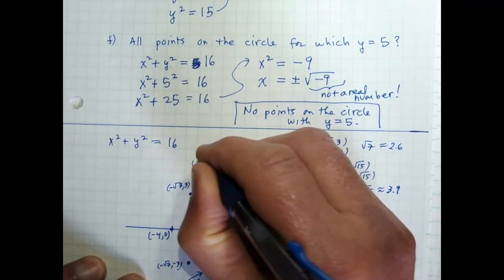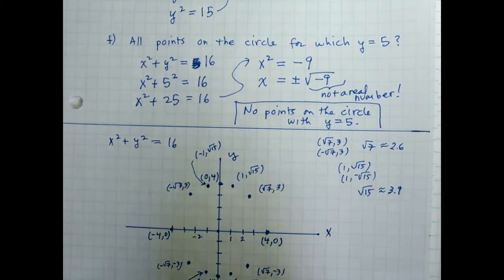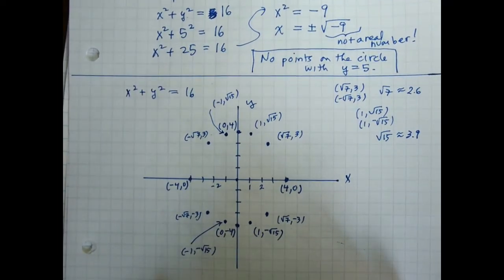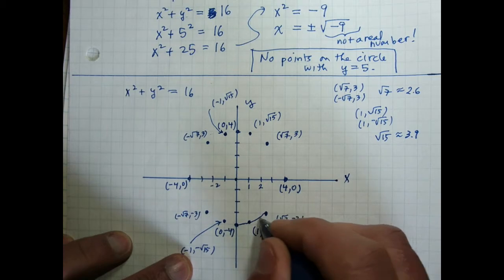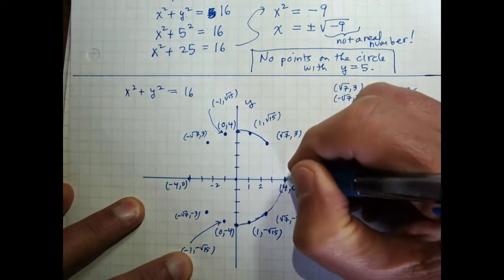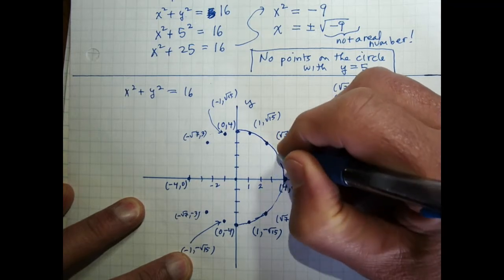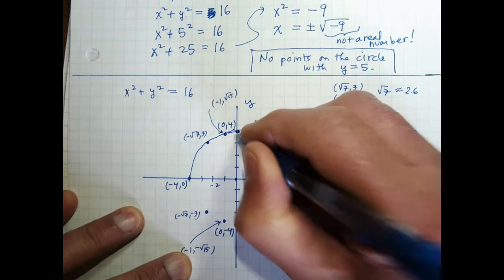That was negative 1, square root of 15. And so again, we didn't really have to plot all those, but I just wanted to see that all those funny numbers we came up with identify points that are directly on this circle.